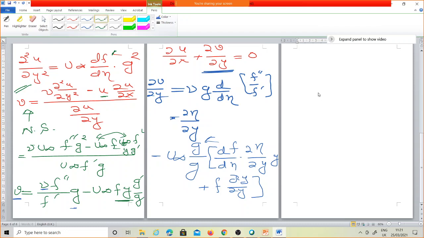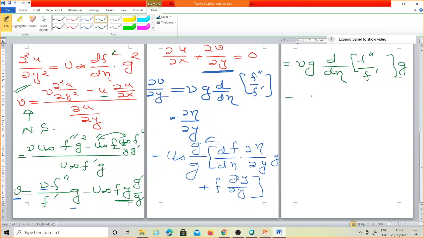So what you will have should be equal to mu g, then we have d del eta, and we have f double prime by f prime, then we have d eta by dy, which is g, because eta is equal to yg, so d eta by dy is actually g.